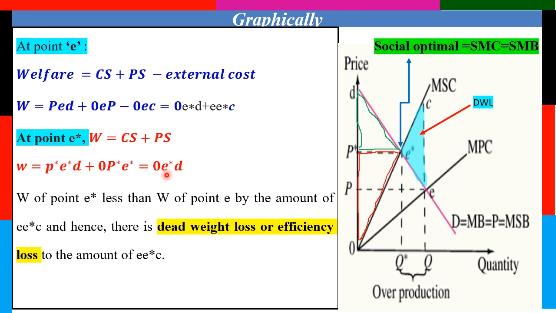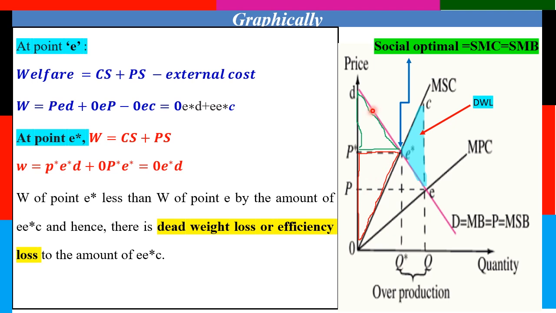This is how you get the welfare at point E star. The welfare at point E star is less than the welfare at point E by the amount of E star C, by this one here.